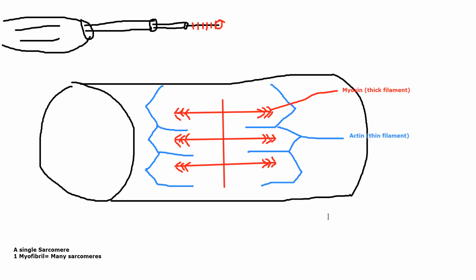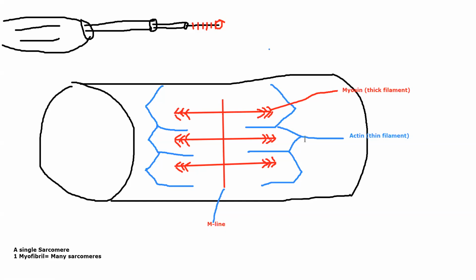So let's start by describing the lines that we can appreciate. So right down the center where each of these myosin filaments are connected, we call this line the M line, right down the center of the sarcomere.